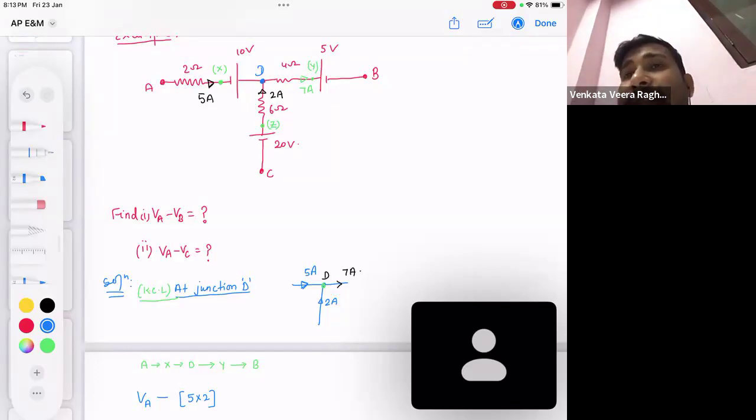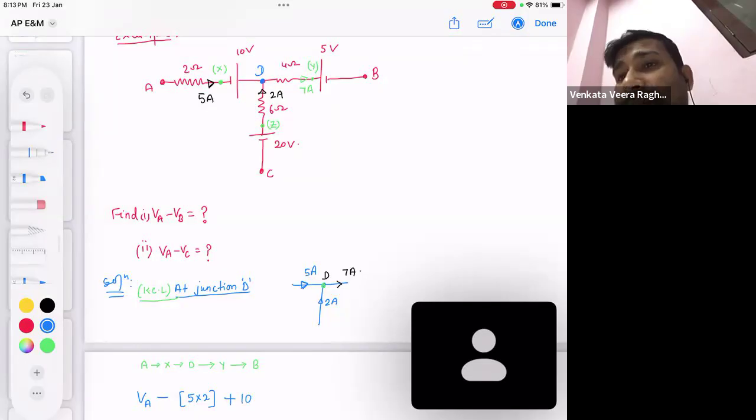If I look at the circuit, X is connected to the negative terminal of the battery, meaning low potential of the battery. So I'm going from low to high, and low to high means plus. How much plus? Battery voltage.